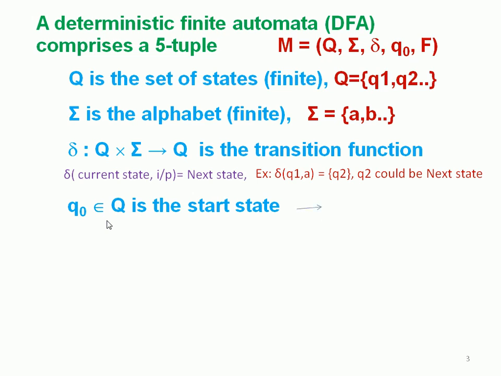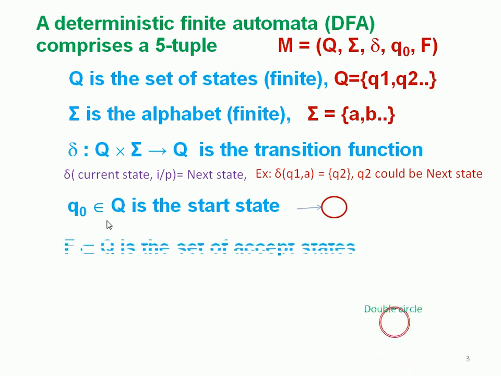Coming to the last tuple, that is the final state or accepting state. The accepting state F is a proper subset of Q, the set of accept states, right? It is represented with the help of a double circle.